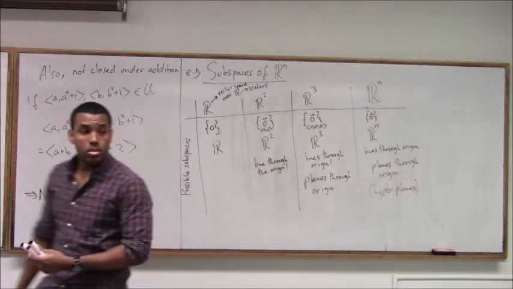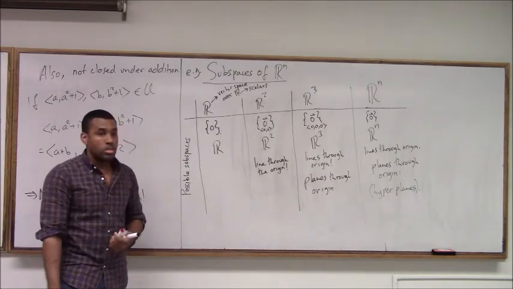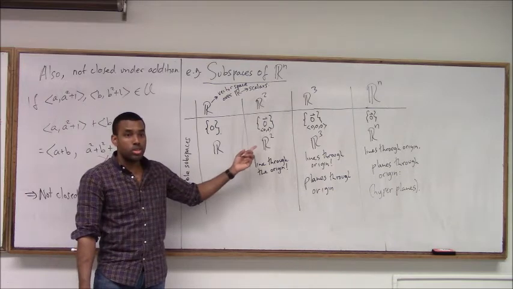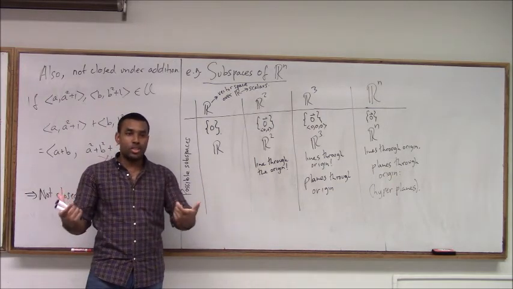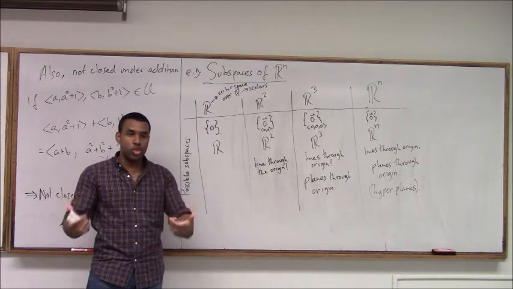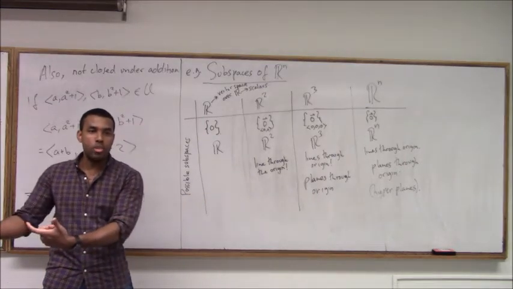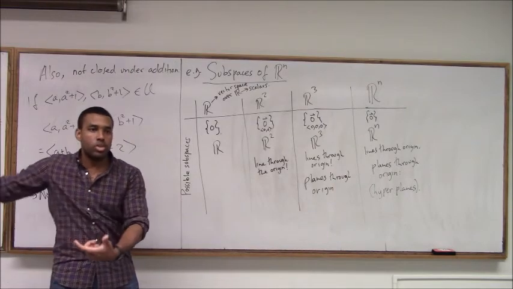What about a paraboloid that goes through the origin for Rn? It's not going to work for the same reason that the parabola didn't work here in R2. When I add the formulas for 2 paraboloids, the sum would not be the same kind of paraboloid. It would be a paraboloid that's outside the set.